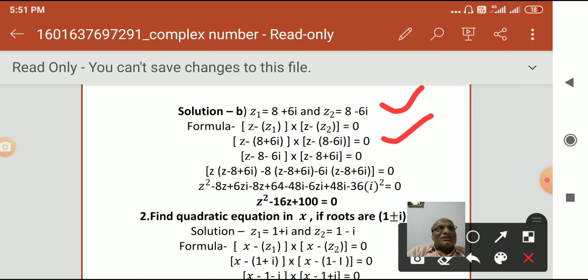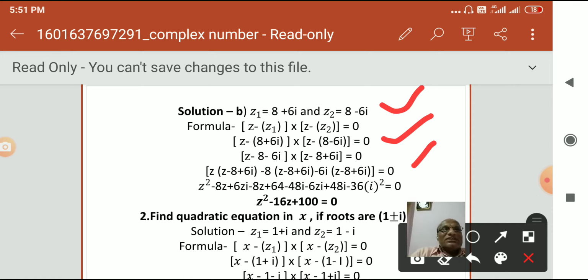Now we have solved such brackets in a previous example. So take the multiplication: z into the second bracket, minus 8 into the second bracket, and minus 6i into the second bracket. We get 9 terms: z into z, z square; z into minus 8, so minus 8z; z into 6i, so 6zi; first bracket is solved.